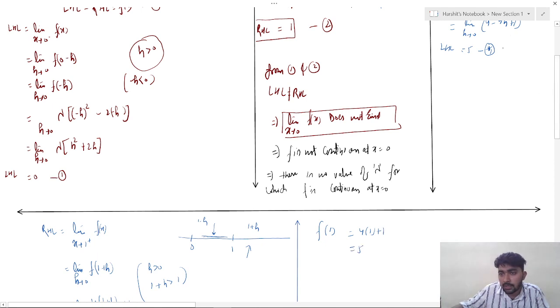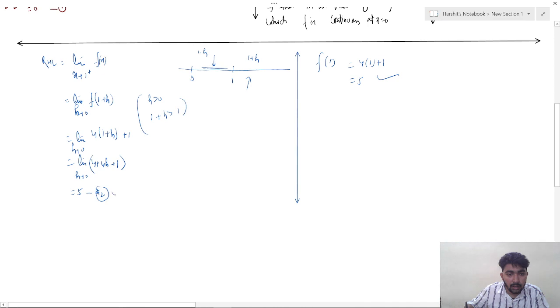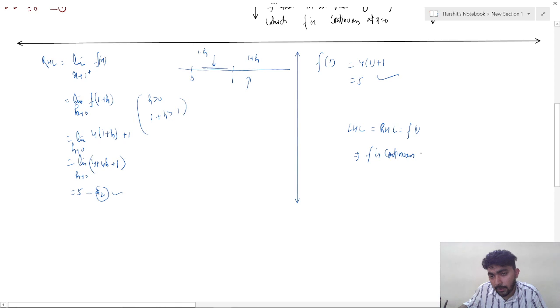So we observe that LHL equals RHL equals f of 1, which implies that f is continuous at x equal to 1.